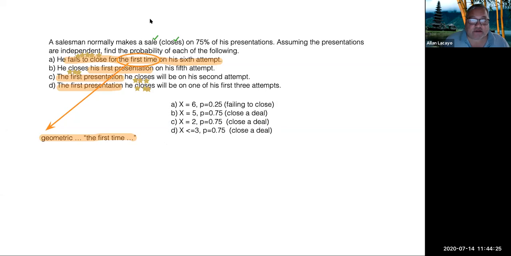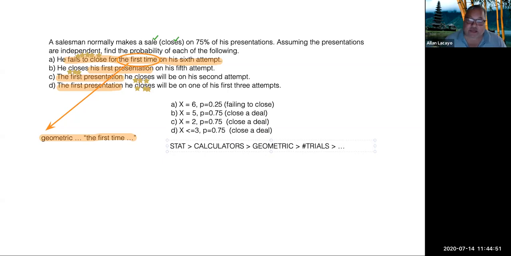So once I have an outline of every single calculation that I'm going to make, I'm going to go to Stat, Calculators, Geometric. So now I'm not going to use the custom calculator anymore. I got to use the geometric calculator, and I'm going to talk about the geometric in the context of number of trials.